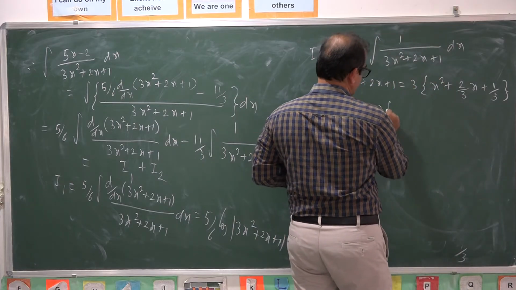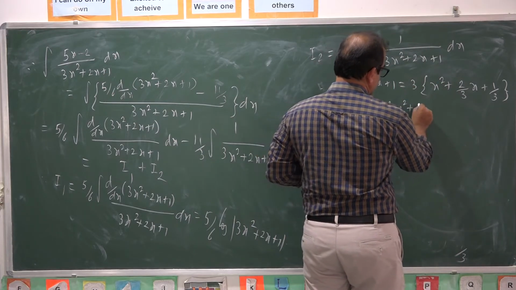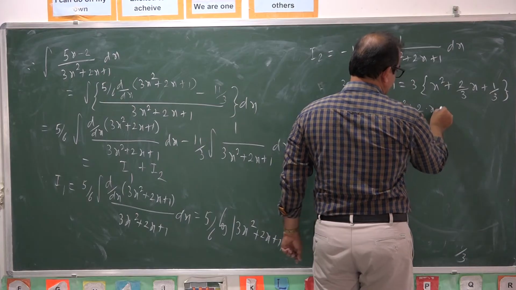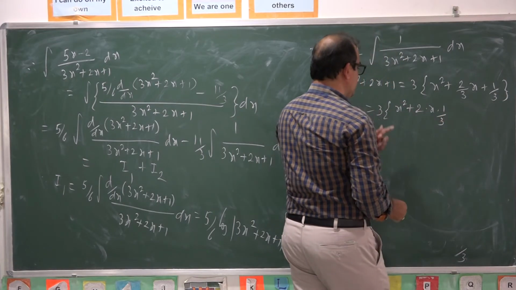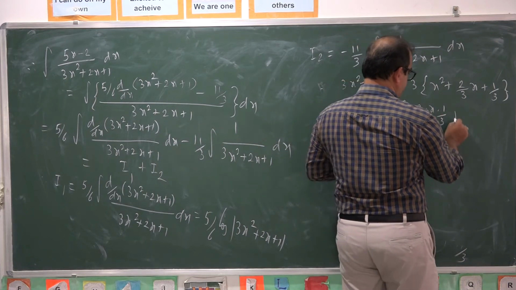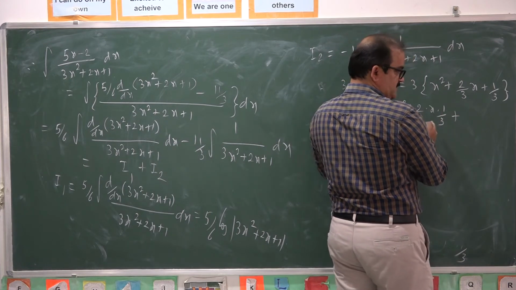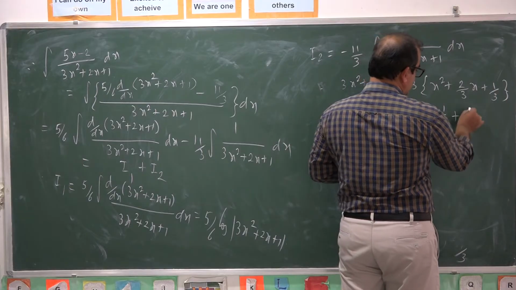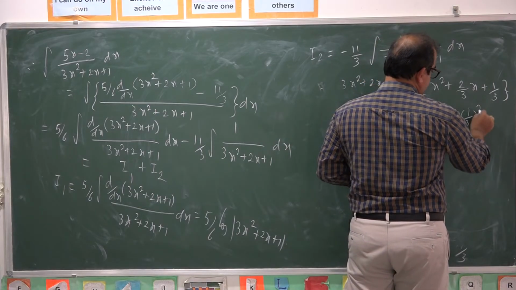This is 3 into x square plus, we write it as 2 into x into 1 by 3. It is in the form of a square plus 2ab. When it is a perfect square, if there is b square term, what is b square term? 1 by 3 whole square.